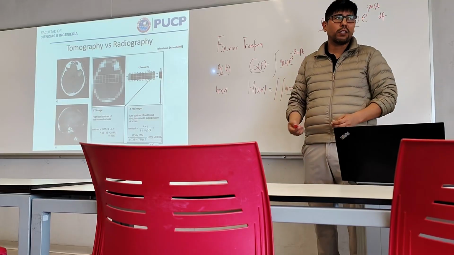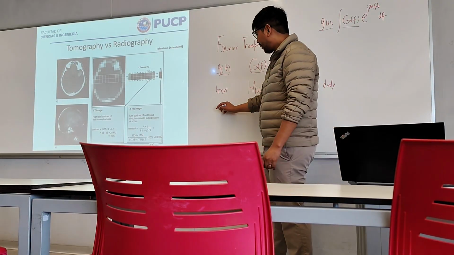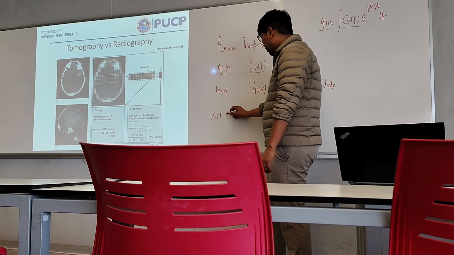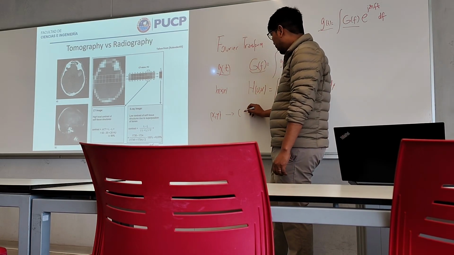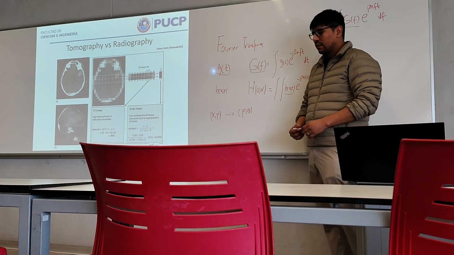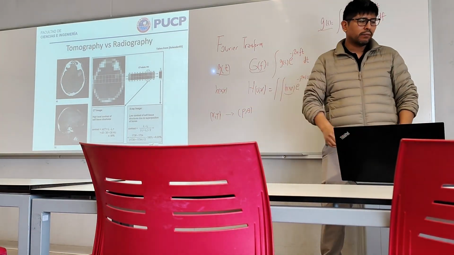So with the Radon transform, it will be the same. What will be similar? We will be working typically in a spatial domain, x,y, and we will move this to a domain called d, theta. Of course, we will see what d and theta are in a moment.